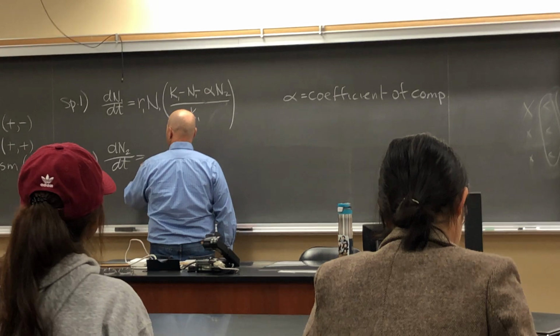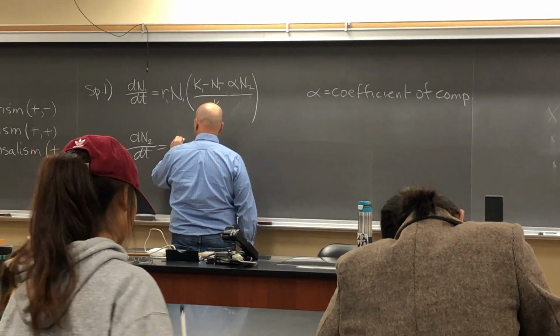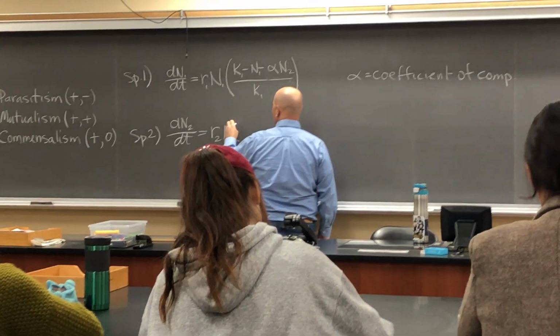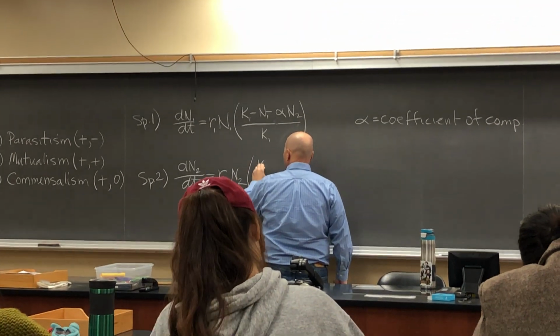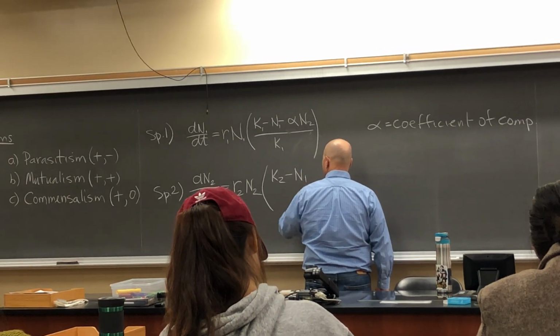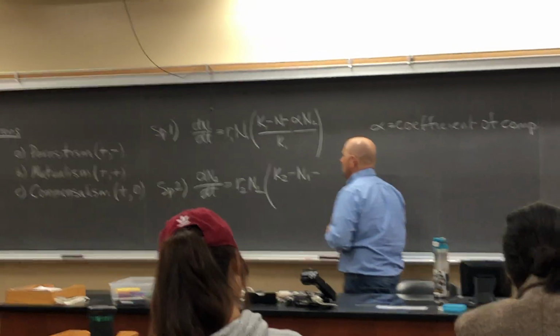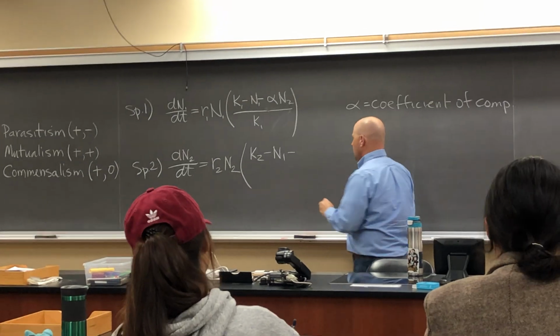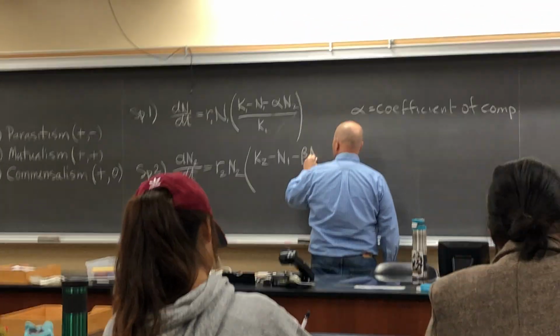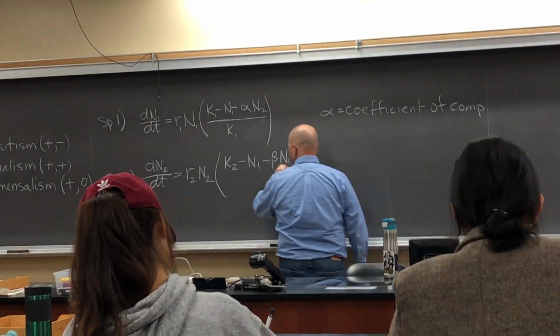So let's do the same thing for species 2. They have an R value, they have a population size, they have a carrying capacity. Your book uses alpha again with some numbers. But back in the good old days when I learned it, we learned it as beta.